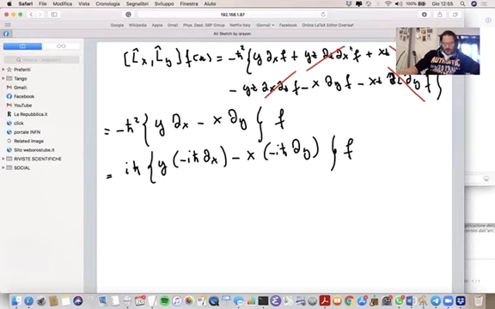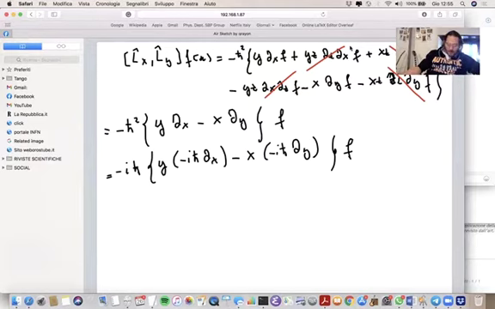And so basically, let's see if the sign is correct. I put the i. Now I guess there's a minus here, because this has to cancel. Yeah, that's correct.